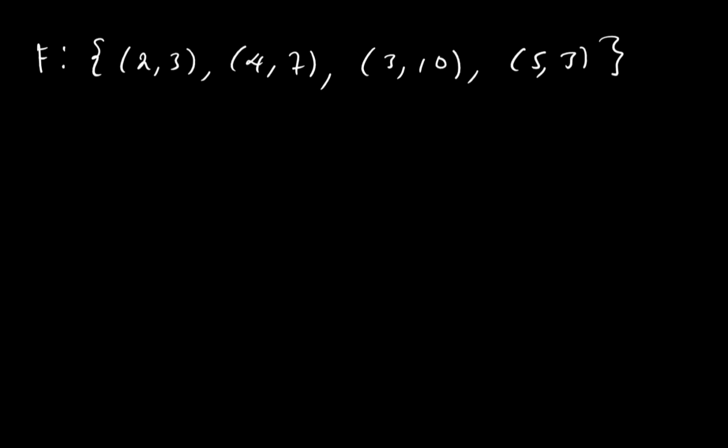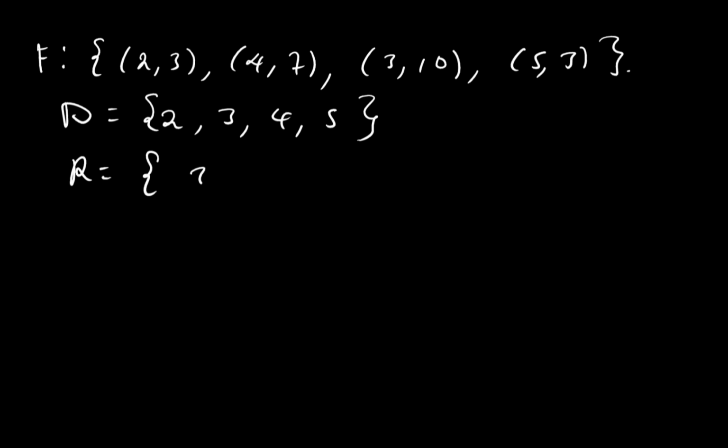Let's say we have a function f, it has (2, 3), (4, 7), (3, 10), then (5, 3), like that. So we know that the domain will be 2, 3, 4, 5. Then our range will be 3, 7, and 10.